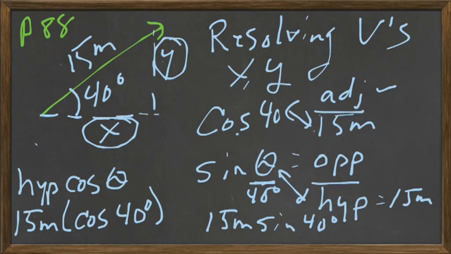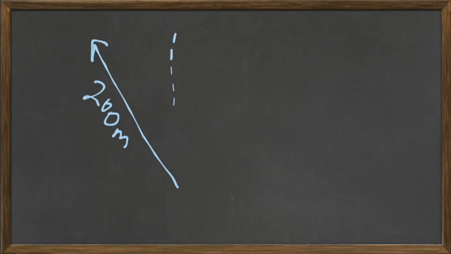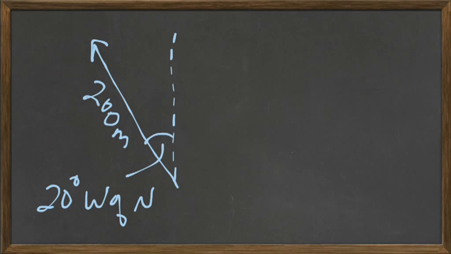Now, some people do get very caught up on the fact that sine is for the y direction only and cosine is for the x. That's not necessarily the case. If I have a vector that looks like this, we're resolving vectors. It's so many meters, let's say 200 meters, and its angle is this one, 20 degrees west of north.